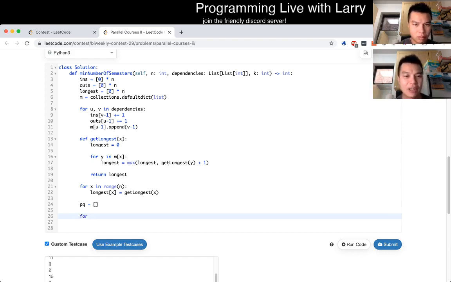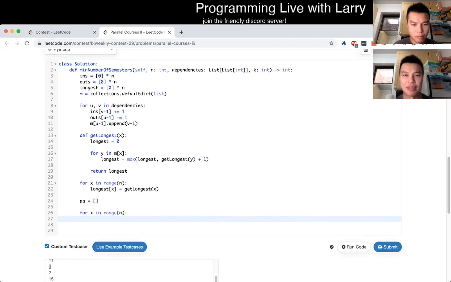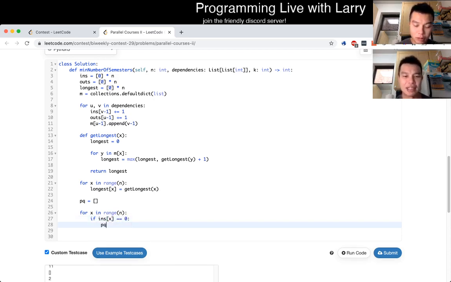So what I do now is that for every class that we can take, we sort it by the longest path by putting it in a priority queue, and then we just take the top k elements every time. So that basically we're taking k courses or up to k courses every time, and then every time we take those k courses, we free up new courses that we can take.